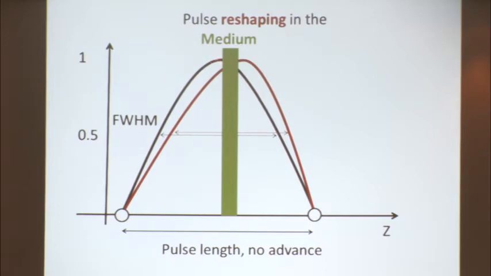That means, entering the medium, the maximum comes out before the maximum of the original pulse went into the medium. Pulse length may be the same. However, the detector has to wait. He starts to measure and ends, and then he can say, my digit is 1 or 2 or 3.